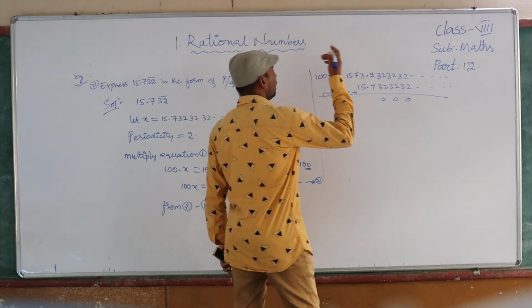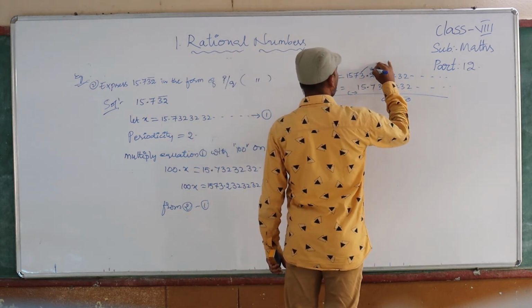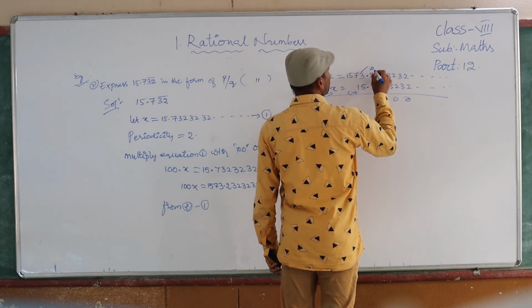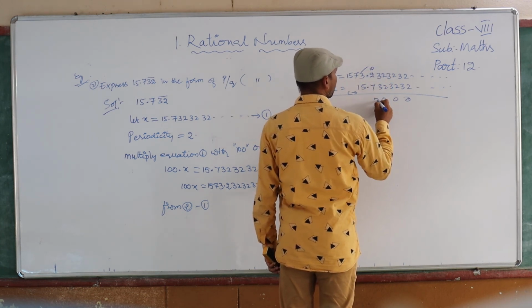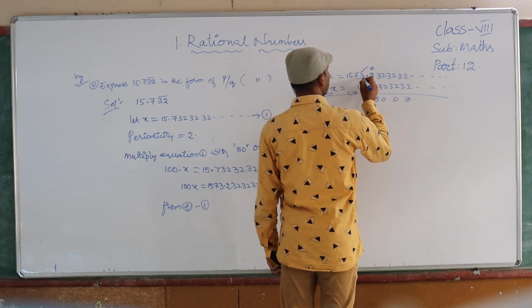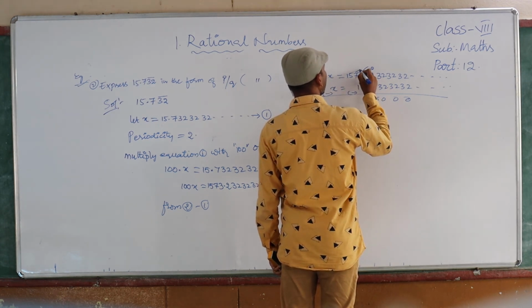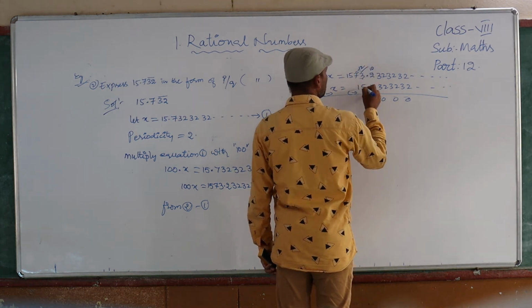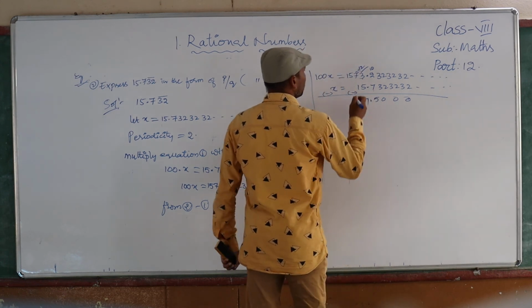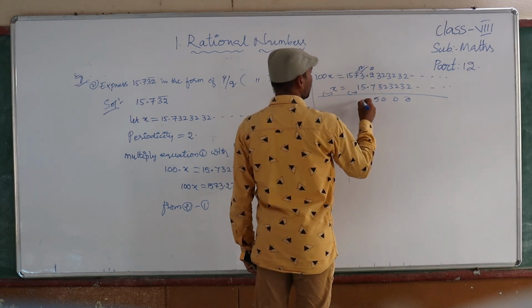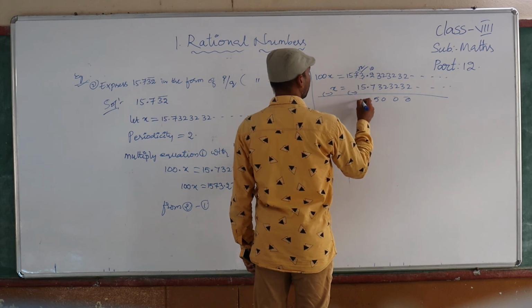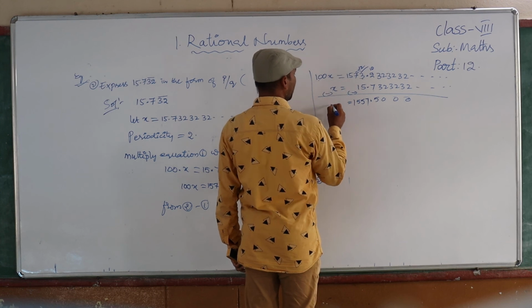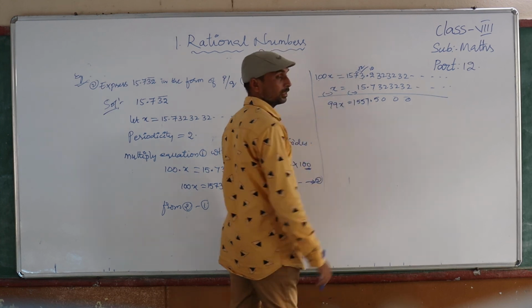You know very well, like in the small classes, it becomes 12, so 12 minus 7 is 5. Again, if you take 10 as carry, it becomes 12, and 12 minus 5 is 7. Then 6 minus 1 is 5. Then 15, 15. Now 100x minus x is 99x.